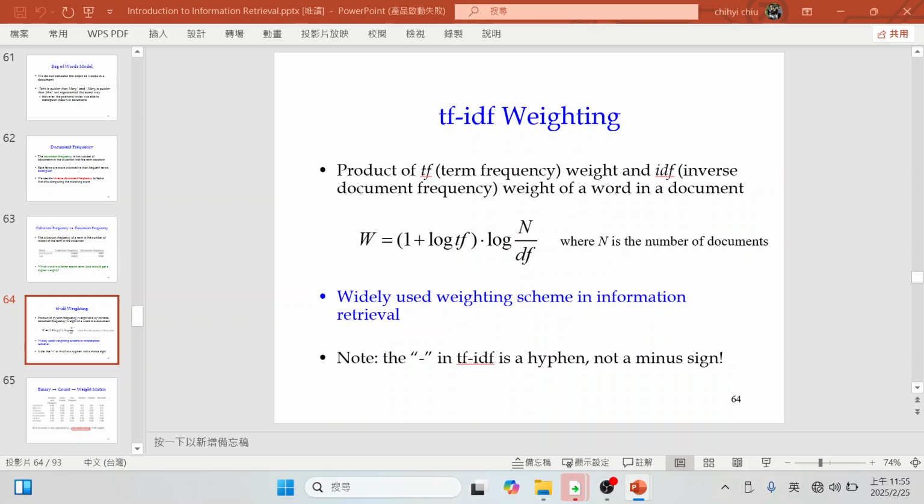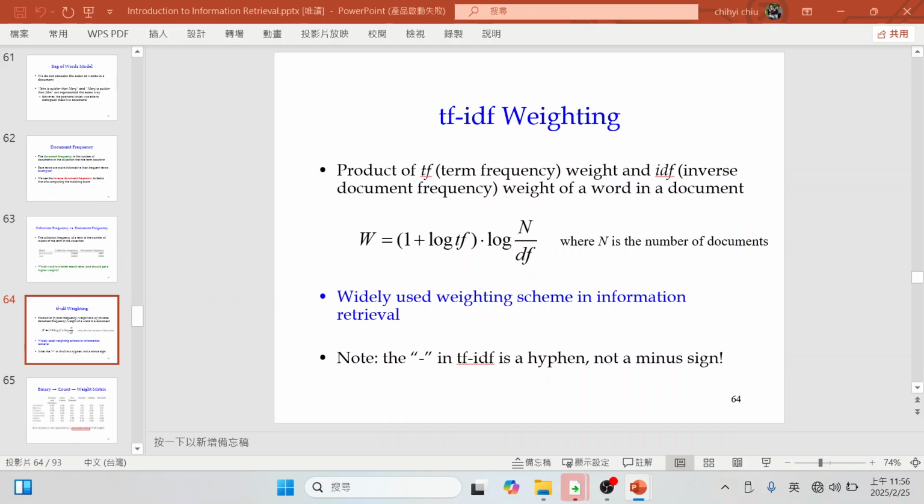Here you can see for the TF, we use a log because term frequency is usually very large. We use a log to make this scale smaller, and multiply it with the inverse document frequency. You see the document frequency is in the denominator here, so it's inverse.